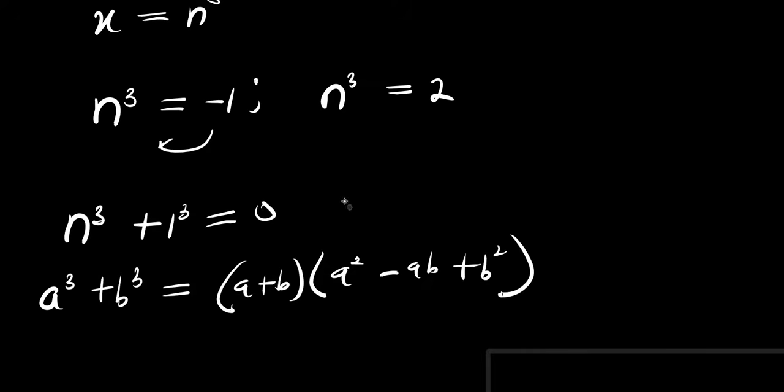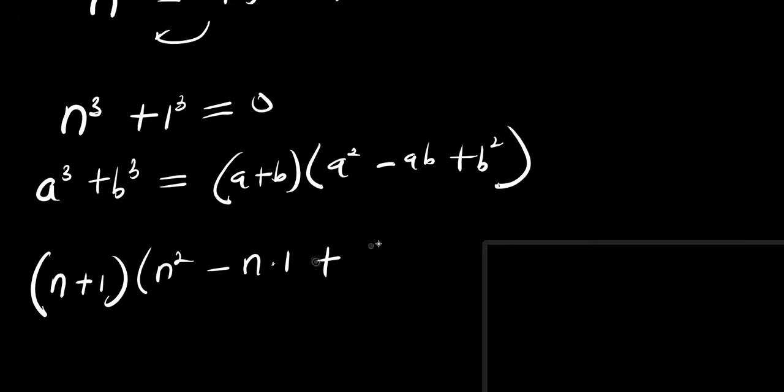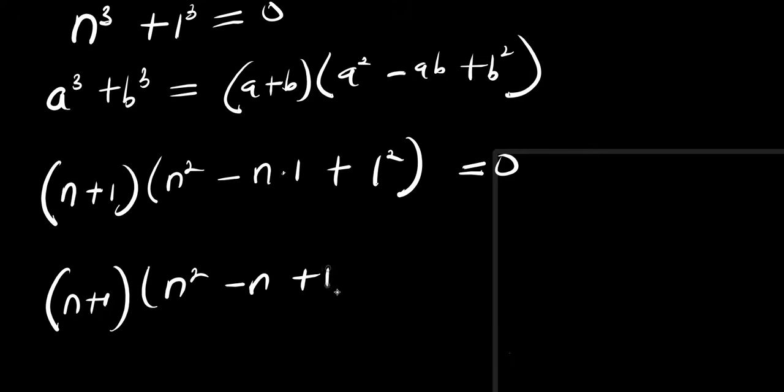In this case, our a is n, b is 1. So I'm going to have n plus 1 times n squared minus n times 1 plus 1 power 2 equals 0. I have n plus 1 times n squared minus n plus 1 equals 0.